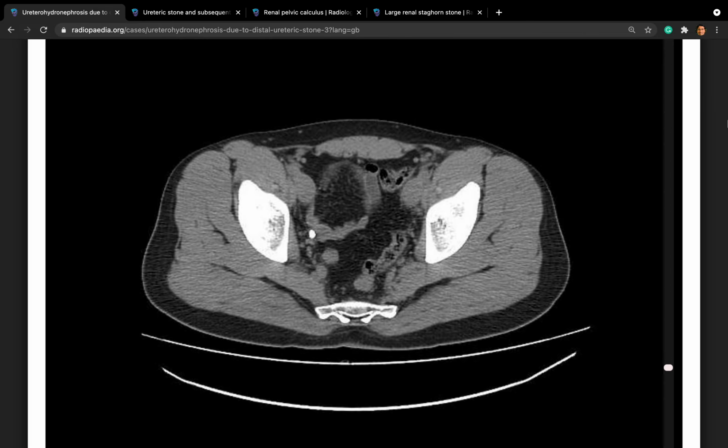So I will repeat his X-ray KUB when I see him to check whether or not the stone is still present or it's gone. Okay, what is the radiation dose for one X-ray KUB? It's 0.6 millisievert. Okay, the X-ray KUB done is normal. What are you going to advise him?